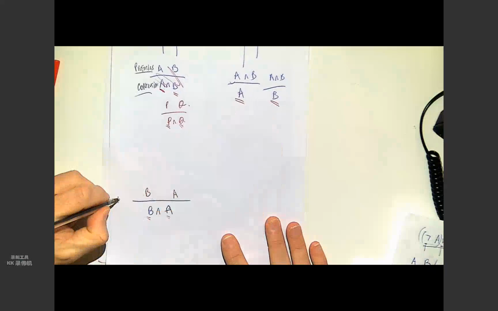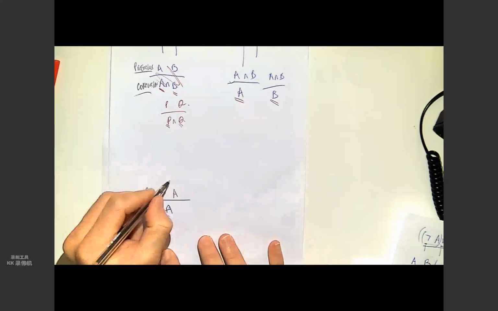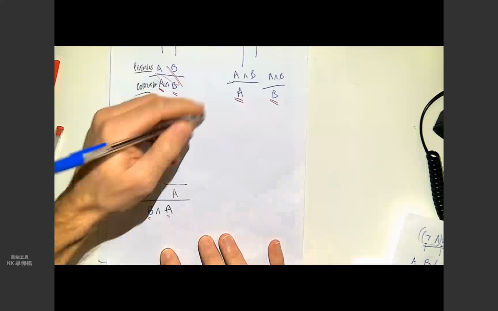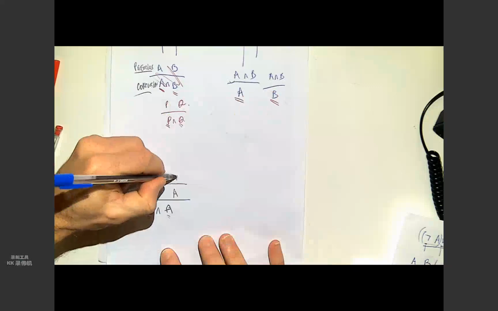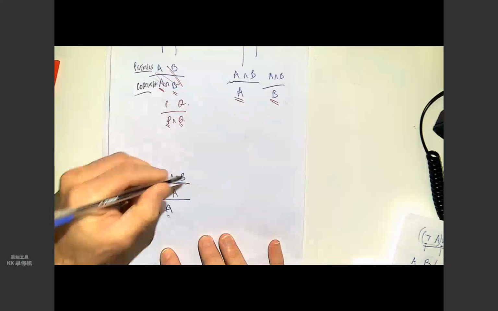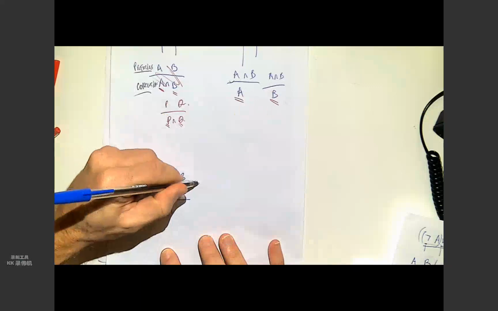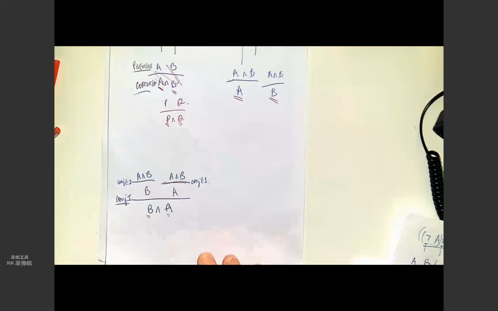So conjunction introduction, I got to that, and from A and B, I got to A, and from A and B, I got to B. That was conjunction elimination 2 and conjunction elimination 1.